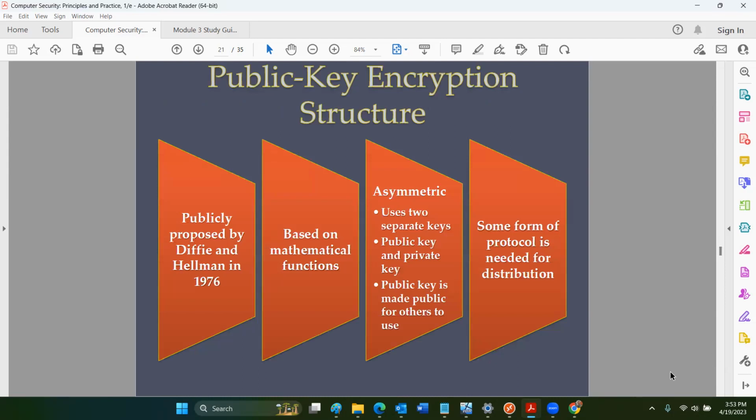But public key. All right, so we want to spend just a couple of quick minutes on public key. Because key storage and management was such a challenge with symmetric encryption, and the first work that was done with encryption in digital terms was with symmetric encryption.